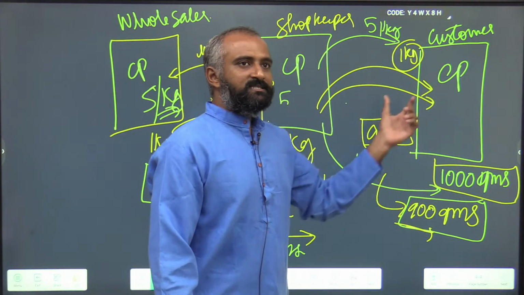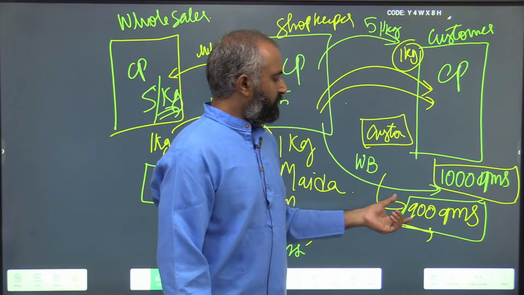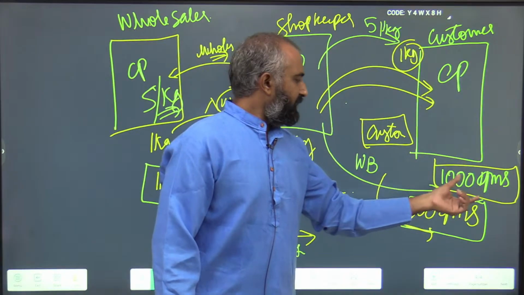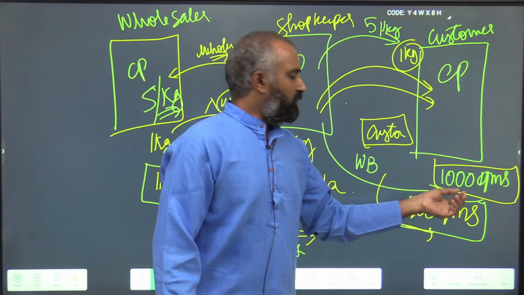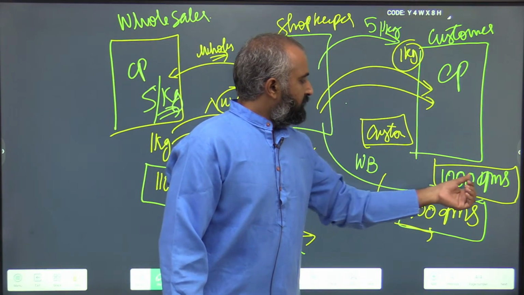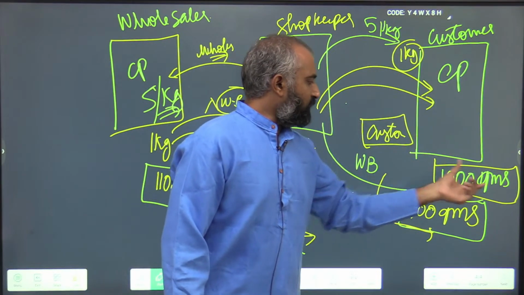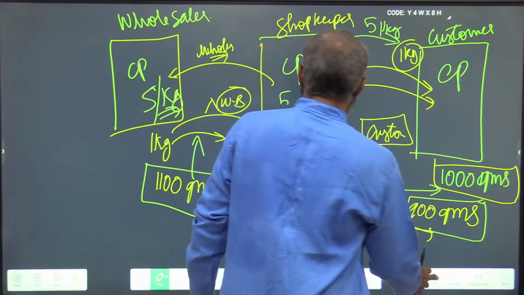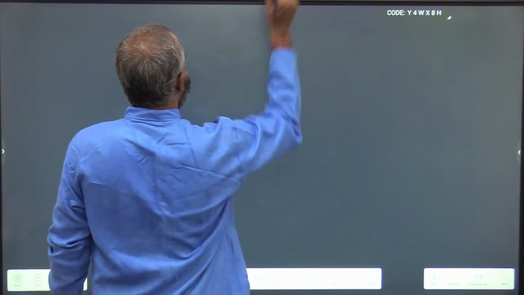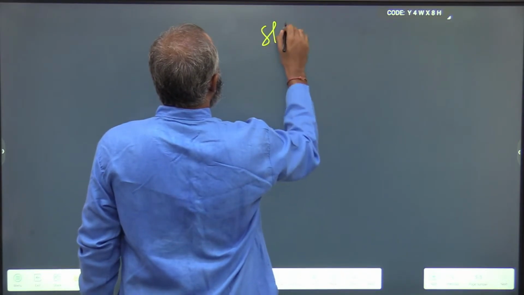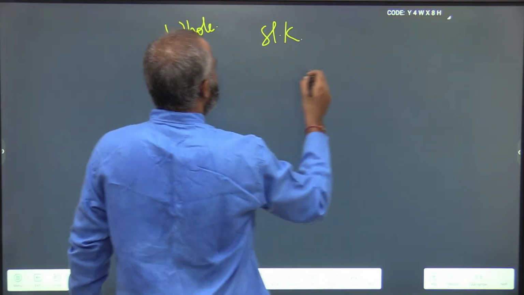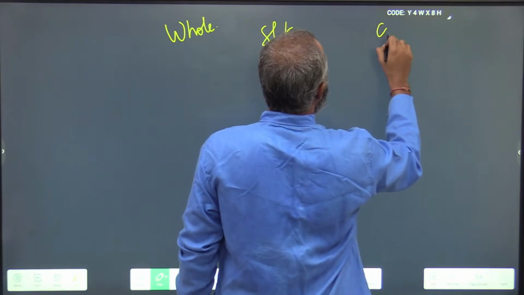He is cheating the customer by giving him only 900 grams, but he is taking the cost for 1000 grams. So, the shopkeeper, wholesaler and customer.